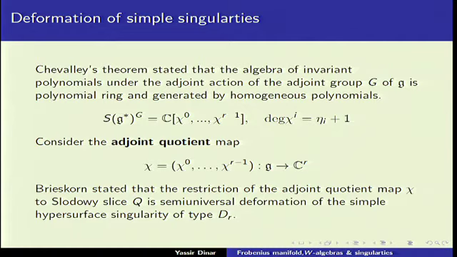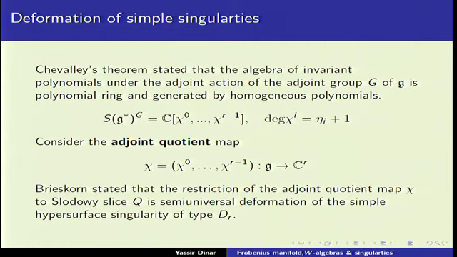And then if you take the map from the Lie algebra to CR by these homogeneous polynomials, this map is called the adjoint quotient map. The zero set of this adjoint quotient map is known as the nilpotent cone, and it has an isolated singularity.